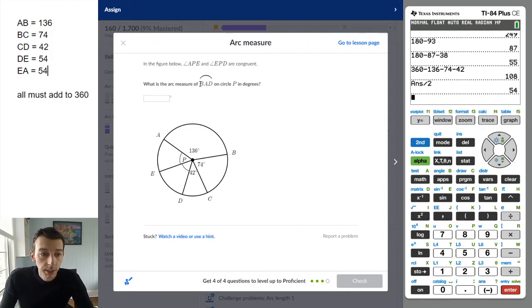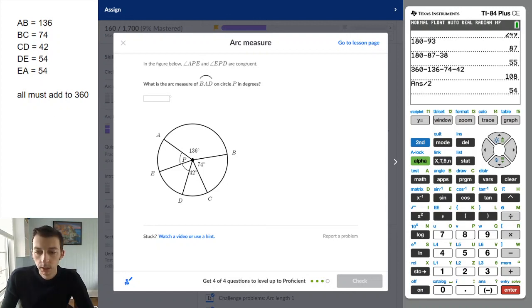Now, the question asks us to find BAD. So BAD is going to be BA plus AE plus ED, all of these together. The other way I could have done this is I could have just done 360 minus 74 minus 42. So I'll show that both ways here.